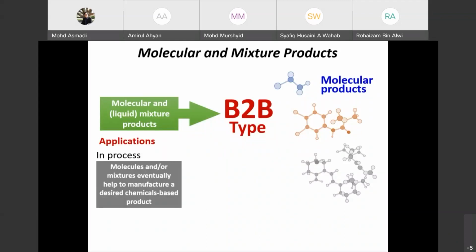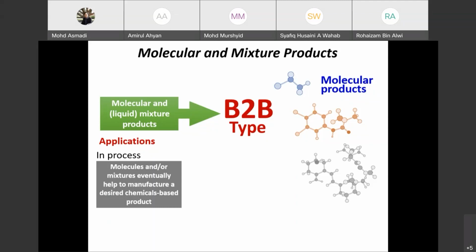Okay, so for the introductions, kalau tengok kat sini, molecules and the mixture products, generally is belong to B2B types. Business to business. Okay, we from the petroleum, for example, petroleum gas or oils, right? We produce another what we call an intermediate. I can say is an intermediate or another feedstock for another company.